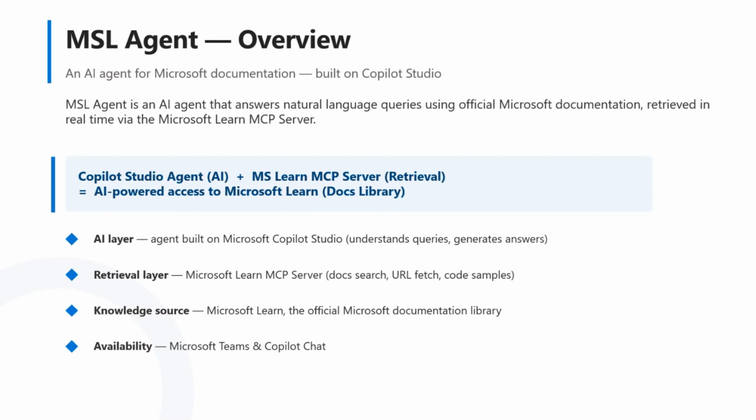Then we have the knowledge source. So knowledge source behind the entire solution is Microsoft Learn, which is Microsoft official document library. Since all information comes directly from Microsoft Learn, the responses are accurate, trusted, and always based on official Microsoft content.